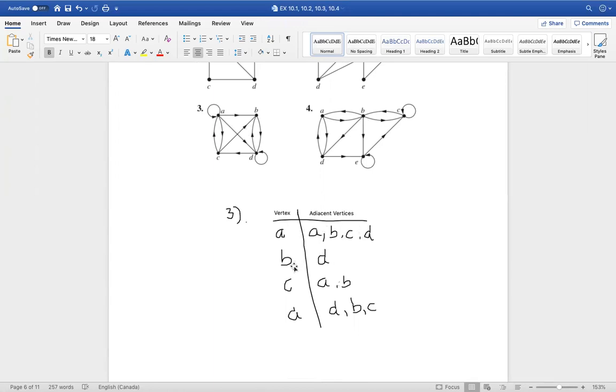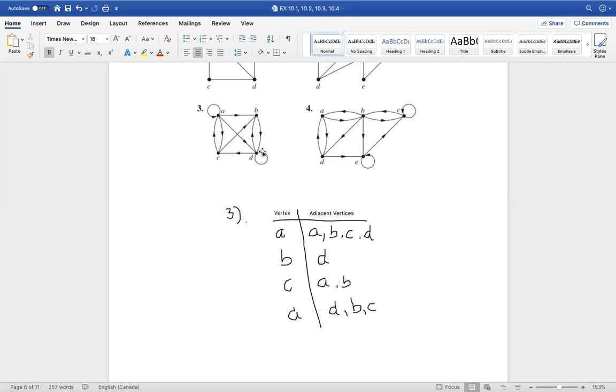For B, however, the only adjacent is D because it only has one incoming edge from D. Therefore, it's only adjacent to D and not A, because it doesn't have an arrow going out to A. Likewise for C, we have the arrows going away to A and B. Therefore, the adjacents are A and B. For vertex D, we have the adjacent vertices D, B, and C, because for D we have a loop.